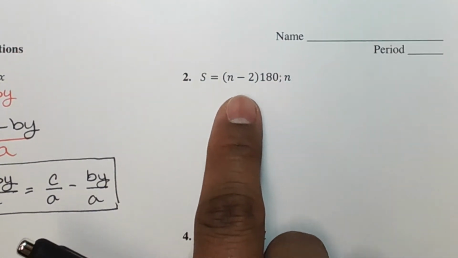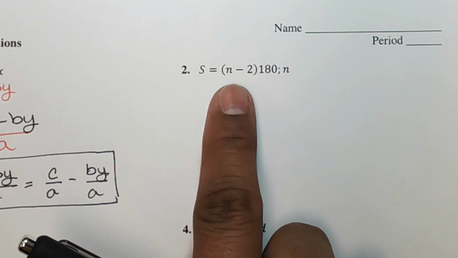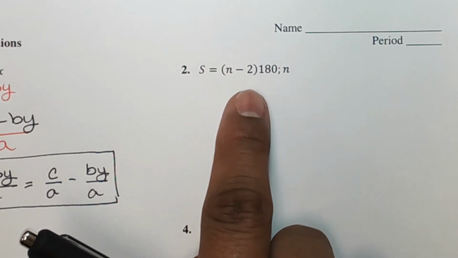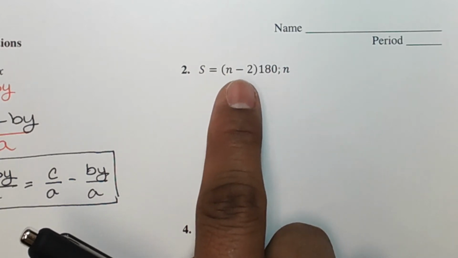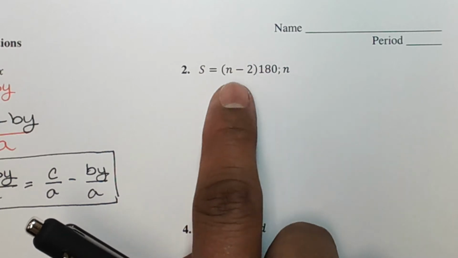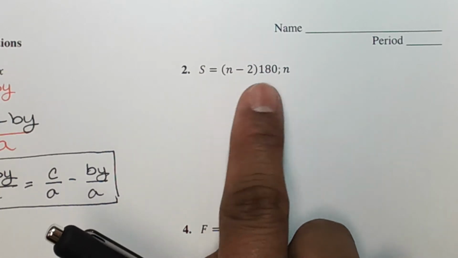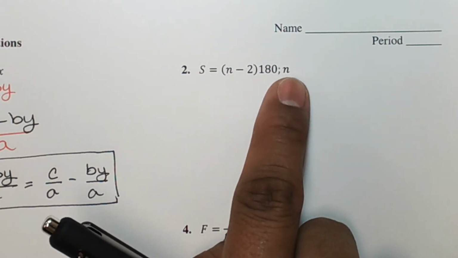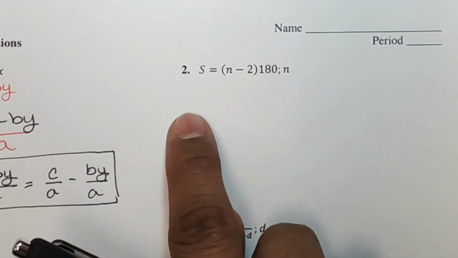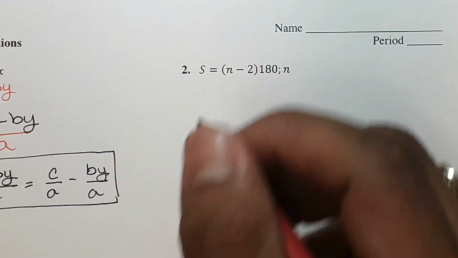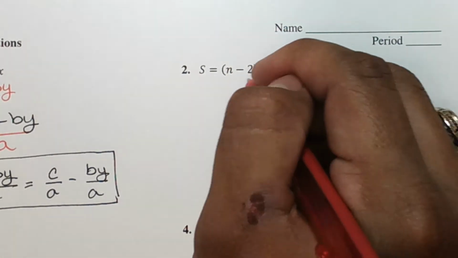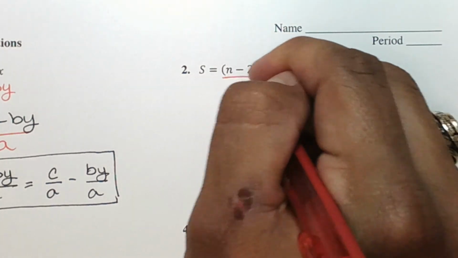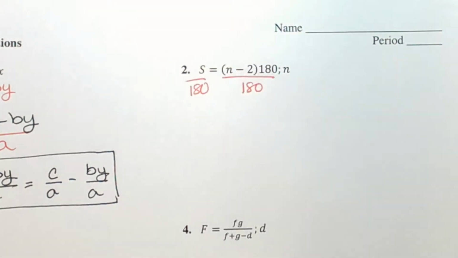All right, what about this next equation? This next equation is actually the formula for the sum of the interior angles of a polygon, where n is the number of sides. So in this problem, we're going to take this equation and solve it for n. You could distribute the 180 if you wanted to, or since this whole parenthesis is being multiplied by the 180, I'm going to divide both sides by 180.